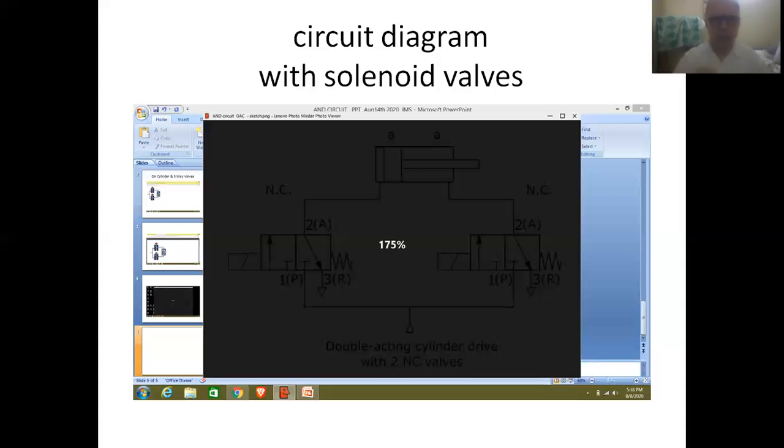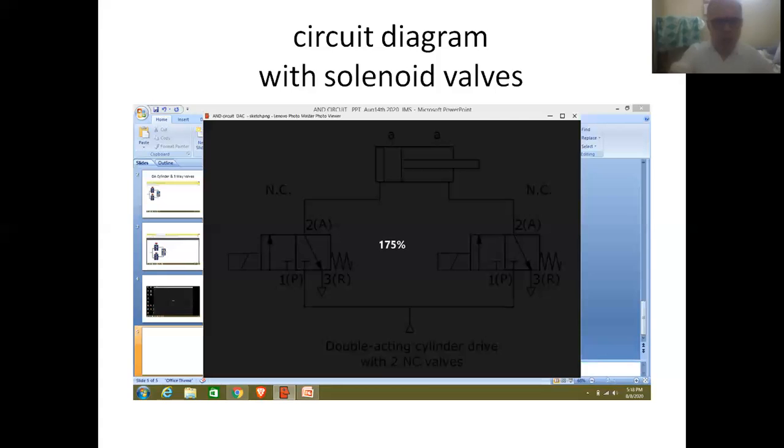Generally, a plunger is arranged inside the body of the valve, and it is fitted to a return spring at the bottom of the plunger. And finally, as shown in the figure, this solenoid is used for operating the plunger in forward and backward directions.